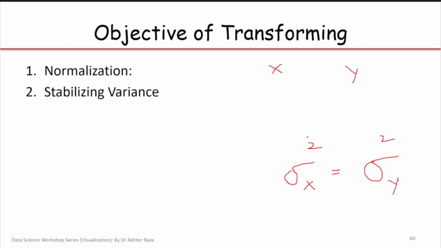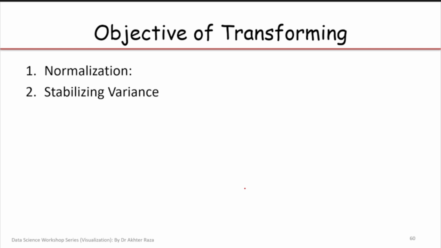And if in reality the variances are not the same, then another objective of transformation is to stabilize the variance. Stabilizing the variance is also referred to as homoscedasticity. So homoscedasticity can be achieved with the help of transformation. This is the second objective of transformation.